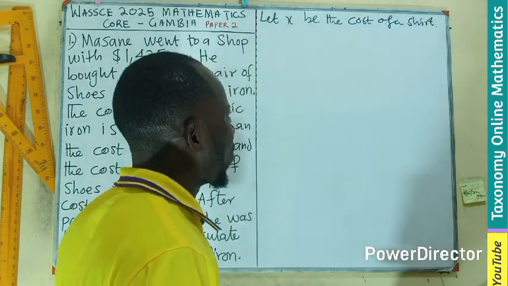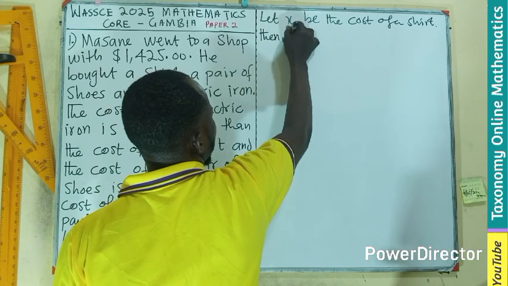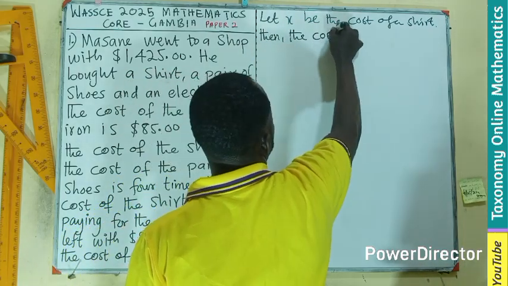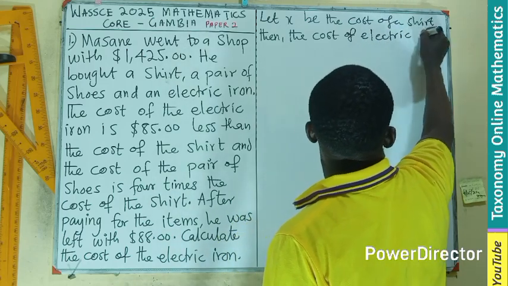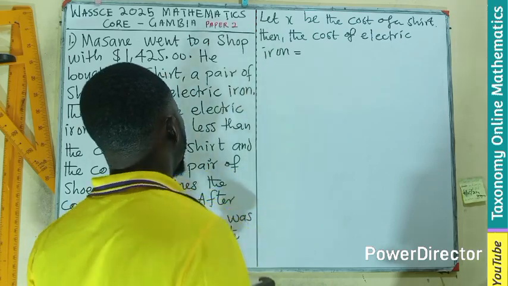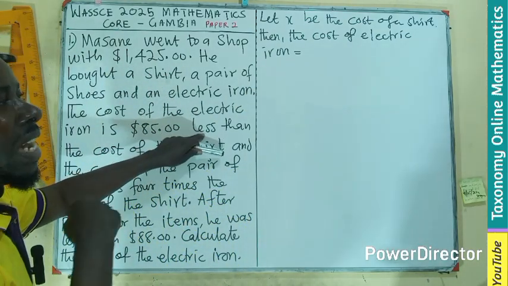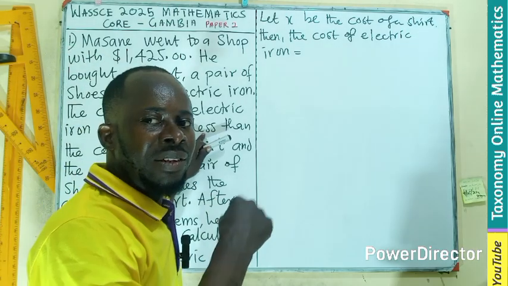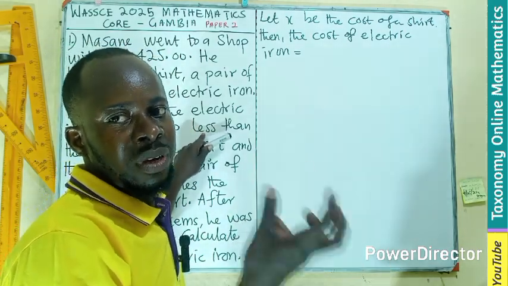So if X is the cost of a shirt, then the cost of the electric iron is going to be $85 less than that. Meaning, if you take away 85 from the cost of a shirt, you will find the cost of what? Electric iron.